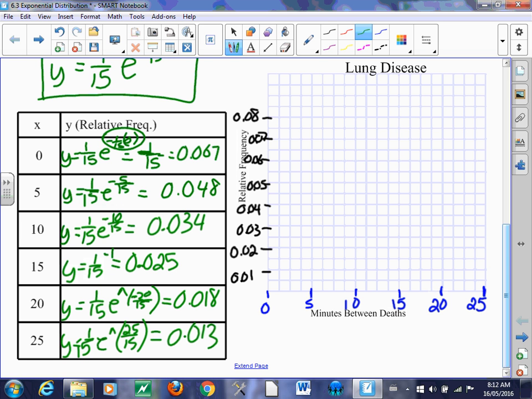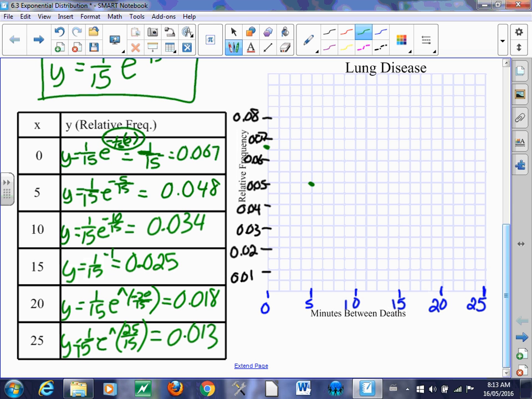So 0 is 0.067. Okay. 5, we're at 0.048, so very close to 0.05. Okay.